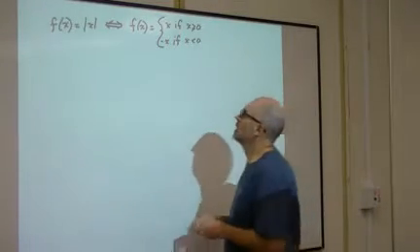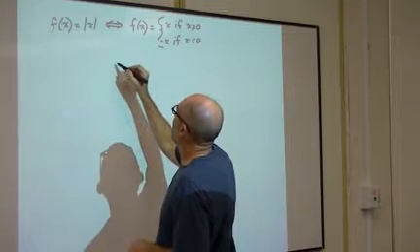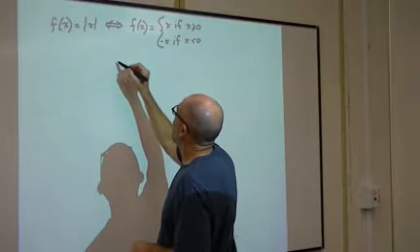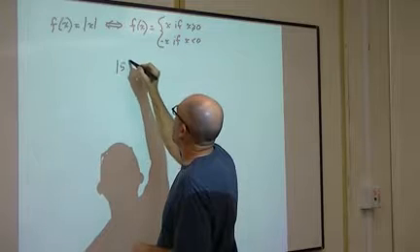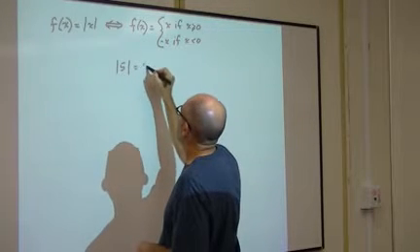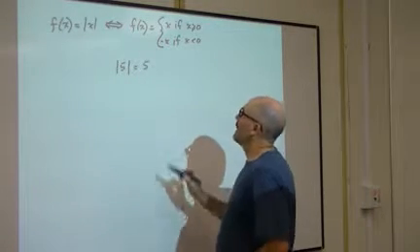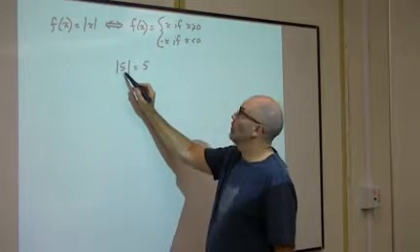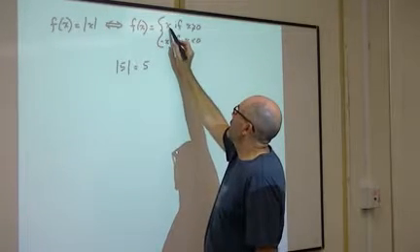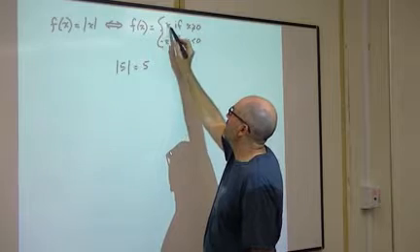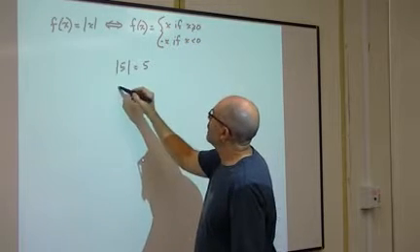Let me show you an example. The absolute value of 5 equals 5, because 5 is greater than 0, so we're on the top, and the value of the function is 5.